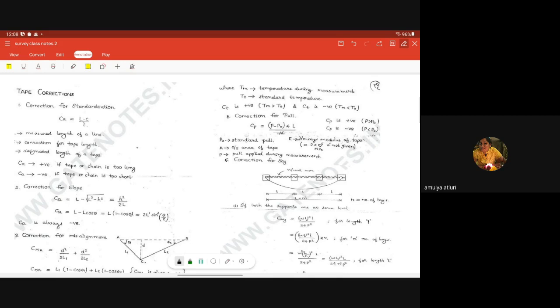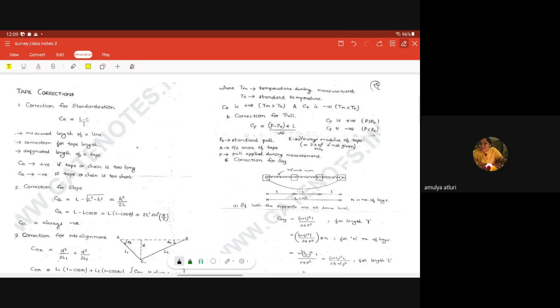What are the tape corrections? In the previous class we discussed that there will be some errors while we are doing direct measurements using chains and tapes. Till now we have dealt with chains. So what are the tape corrections generally?